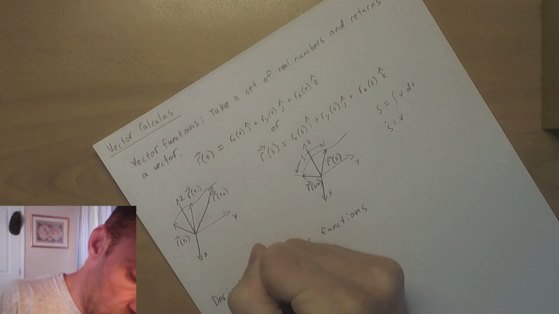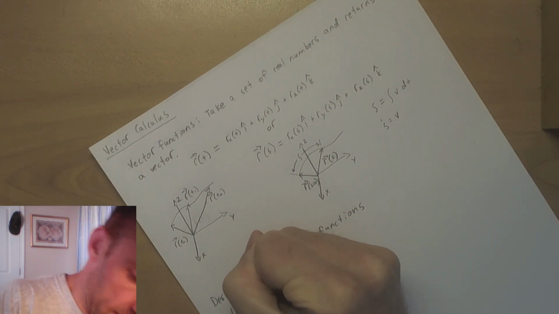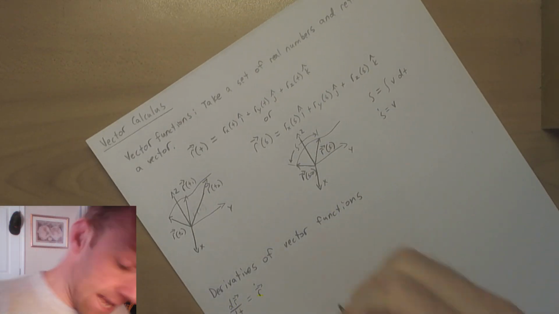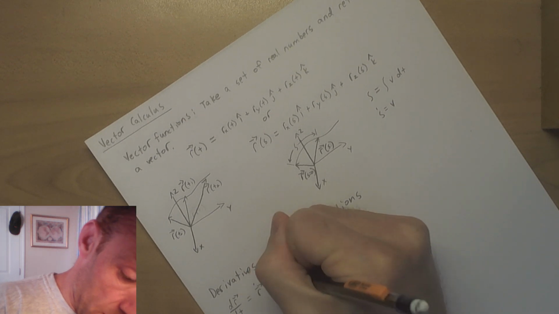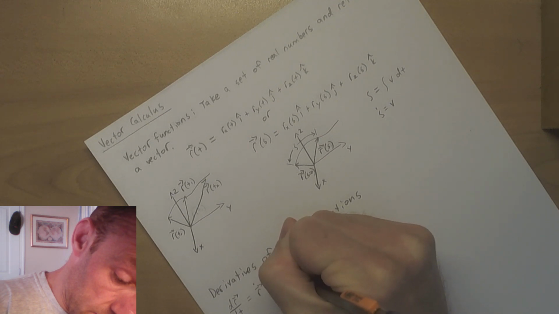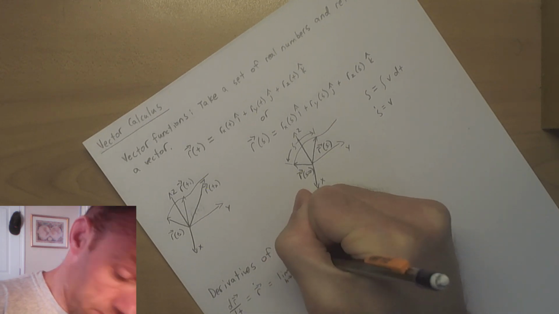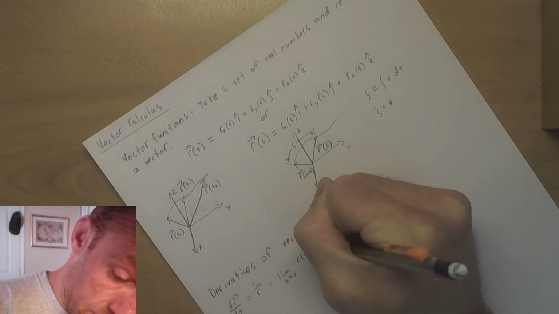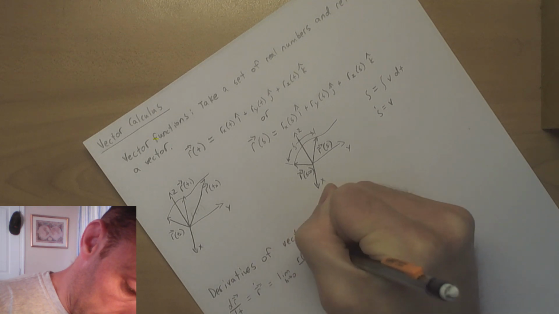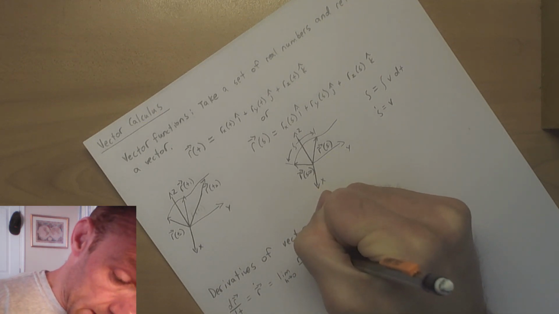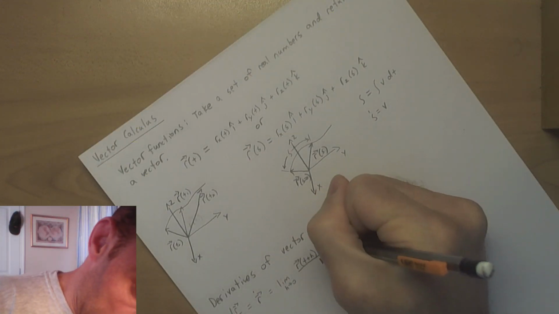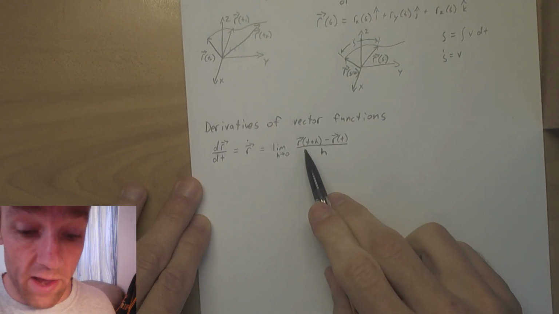I'm going to be using this notation: an arrow and a dot means the derivative with respect to time. And if you remember the definition that you learned in calculus, in this case these are vectors, but we already learned how to add and subtract vectors.